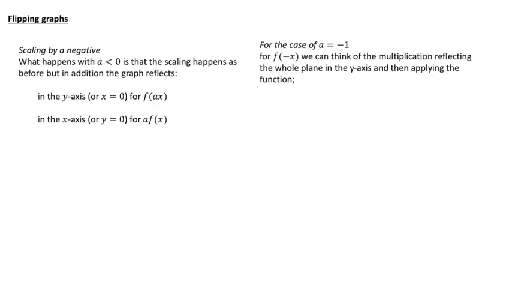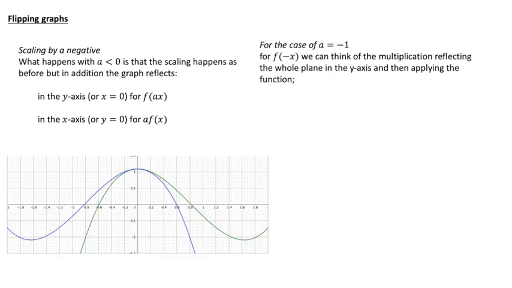So for f of minus x, we can think of the multiplication reflecting the whole plane in the y-axis and then applying the function. So that looks like that, which is slightly strange to look at, but essentially it doesn't matter which one we think of as the function, because they've just been reflected in the y-axis, and so the green has reflected to the blue and vice versa.